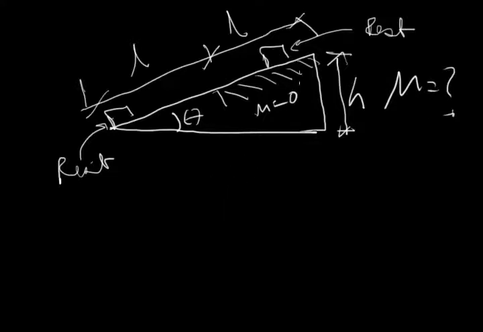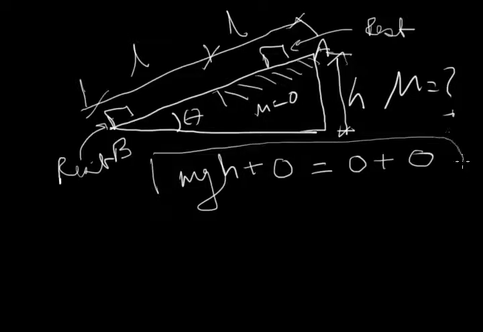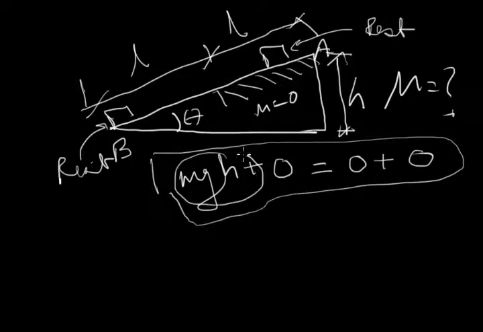Now you see, in order to solve this problem, if I apply the conservation of energy at points A and B, then I find that energy at A is mgh and there is no kinetic energy, so it is 0. And at B, both potential energy and kinetic energy are 0. So you see, the conservation of mechanical energy does not apply here, as mgh has just vanished into the blue.